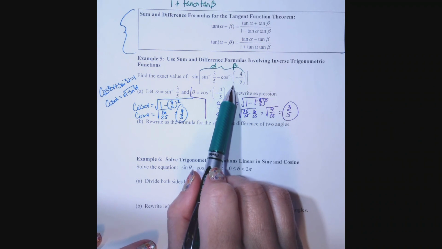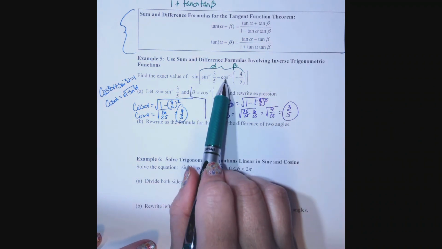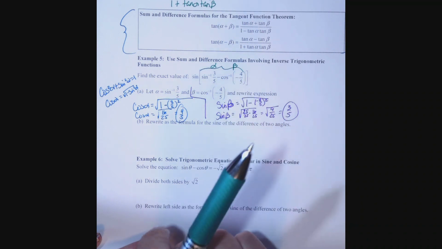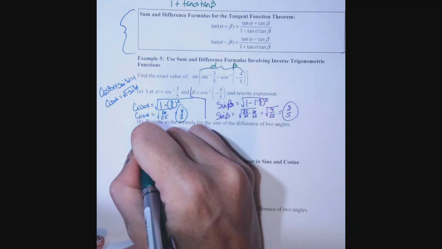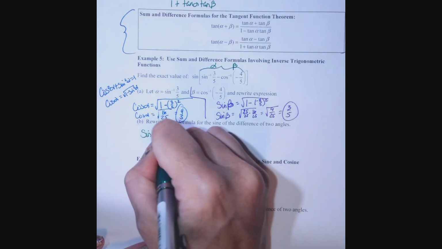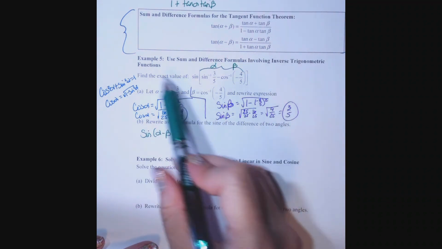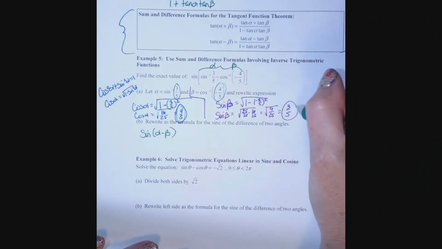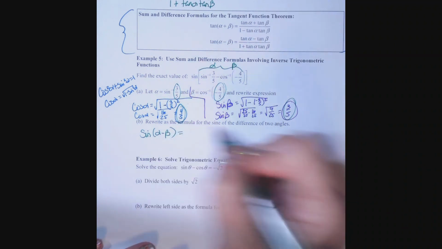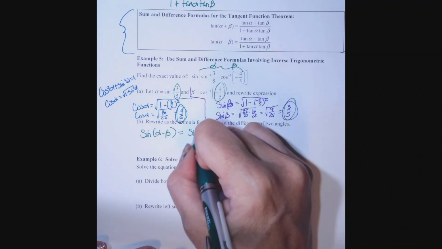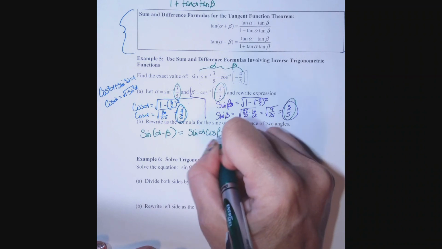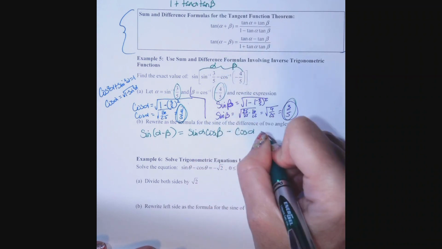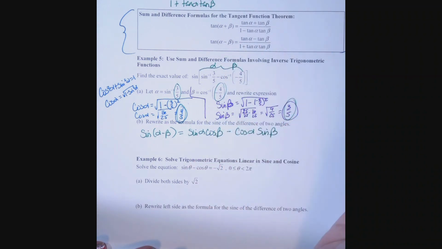So what I'm wanting is the sine of the difference of alpha and beta, where this is my information about alpha and this is my information about beta. My sine difference identity is sine alpha cosine beta minus cosine alpha sine beta.